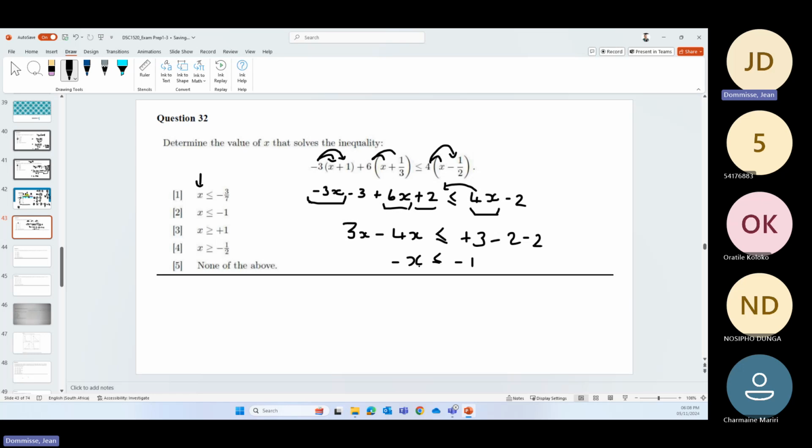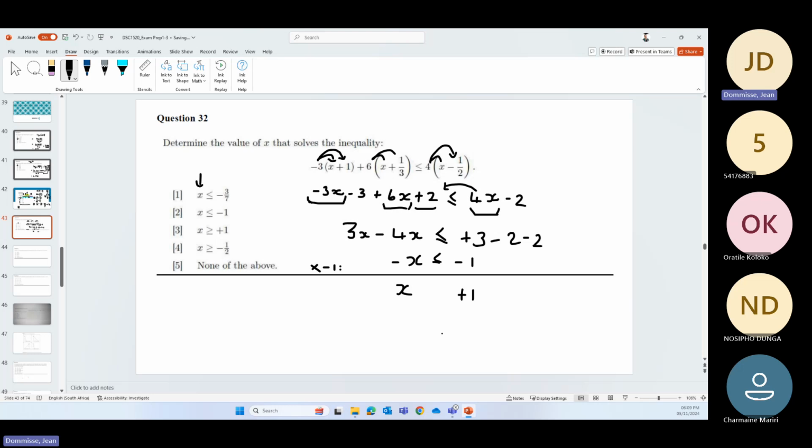So we first need to change that minus to a positive. So how do I do that? I multiply by minus 1 throughout. So minus 1 times minus x is x. Minus 1 times minus 1 is positive 1.